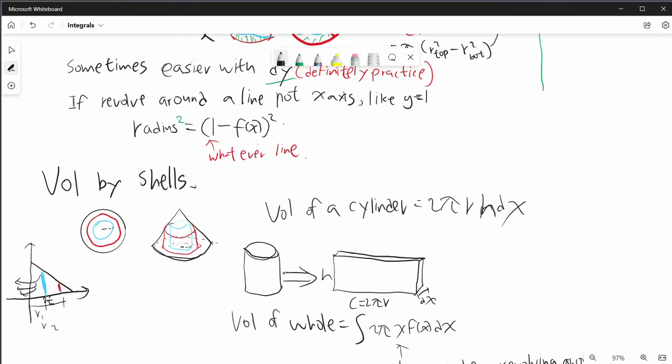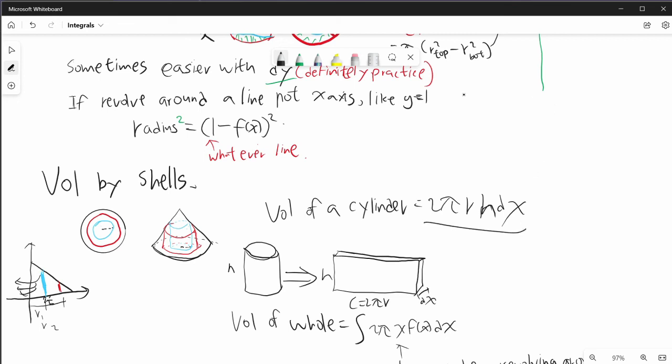So if we unfold that wall, with height h, you can get the circumference, which would be 2 pi r, and this will just be like a rectangle. You can calculate the volume of this by just doing the circumference times h times the width, which in this case will be dx. So the volume of a cylinder would just be 2 pi r h dx.